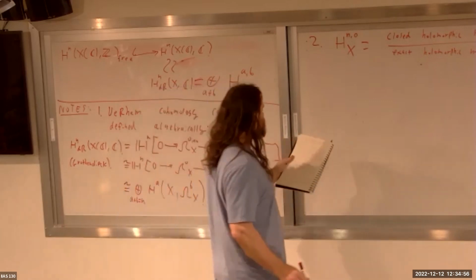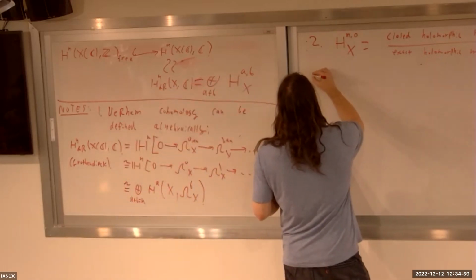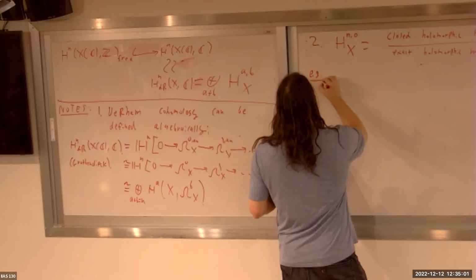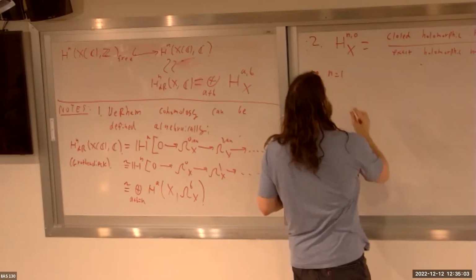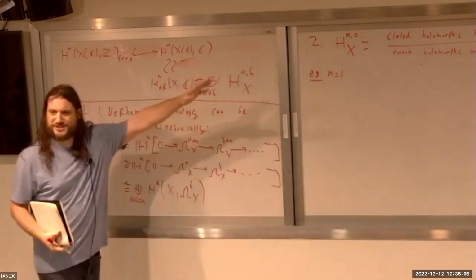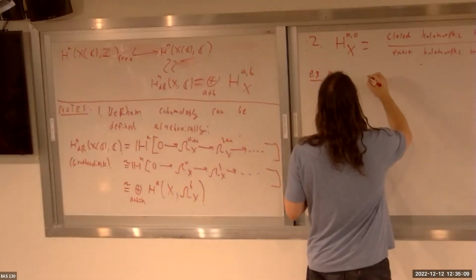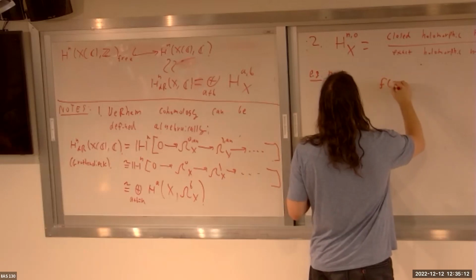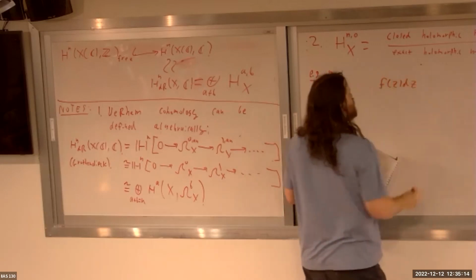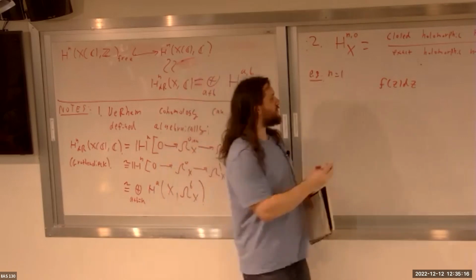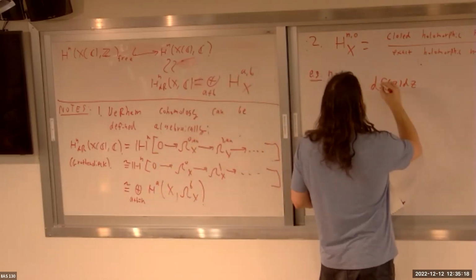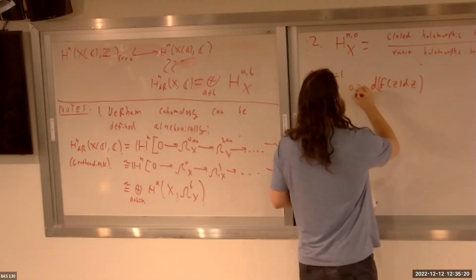Okay, why is this true? Well, I'll give an example proof in the case of n equals 1, from which you can do a similar computation to get the general case. Just to give you an idea, suppose we have a form f(z) dz in one variable, which is closed. That means d of it is 0.